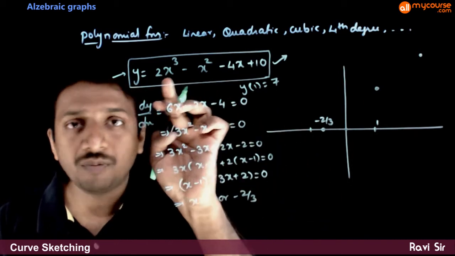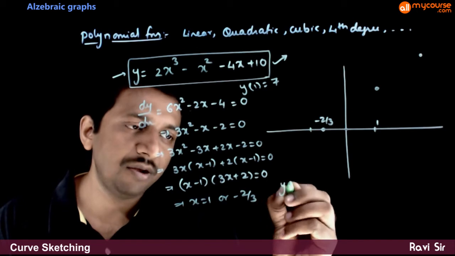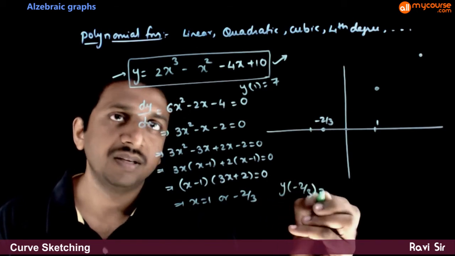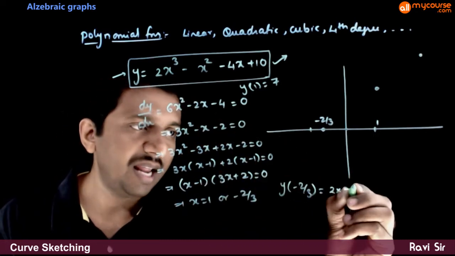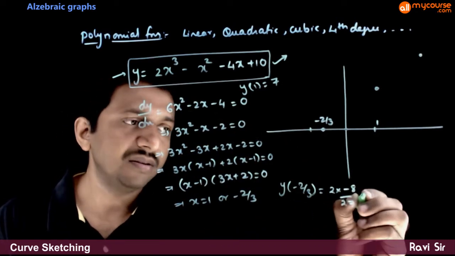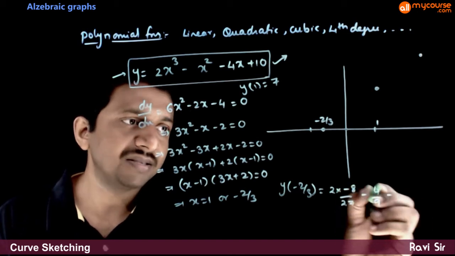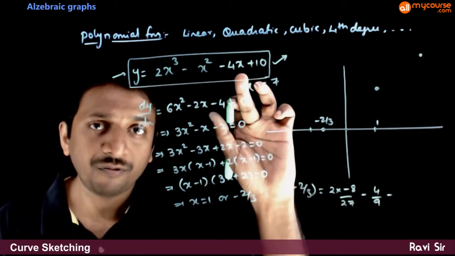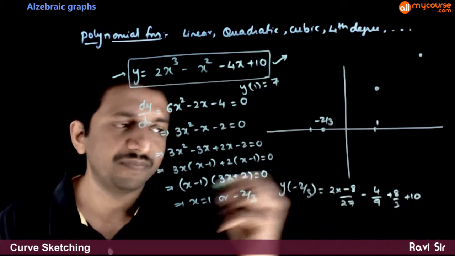And when x is equal to minus 2 by 3, let us find the approximate value. What is the value of y at minus 2 by 3? It is equal to 2 into minus 8 by 27 minus 4 by 9 minus 4 into minus 2 by 3, which is plus 8 by 3, plus 10.